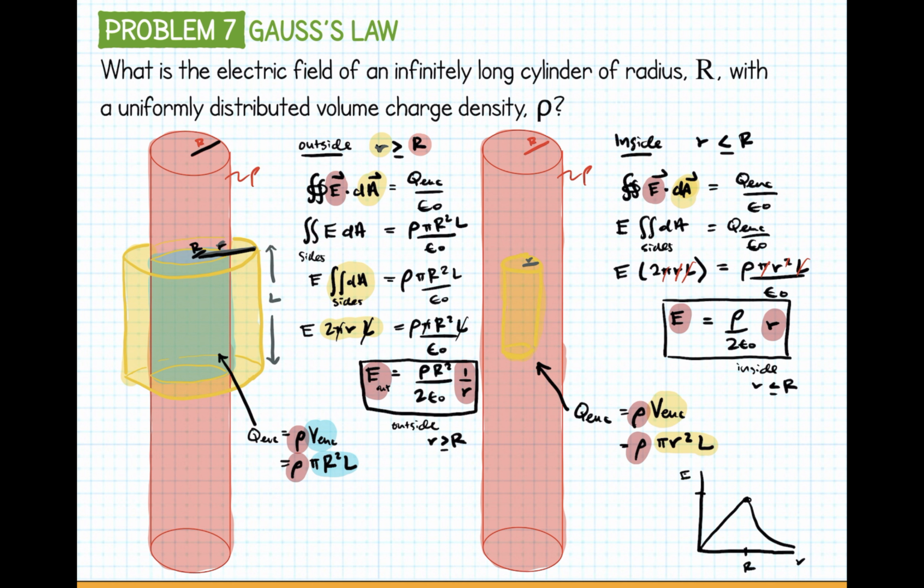Okay, so over here, you're going from 0 to big R. And then once you get outside, it's essentially from R to infinity, which is hard to draw also, and that is where you have your inverse relationship. But right at the boundary condition, you get an electric field that's rho R, which is a constant radius, over 2 epsilon naught. And so this is what your graph of electric field from the middle of the cylinder all the way out to infinity should look like.